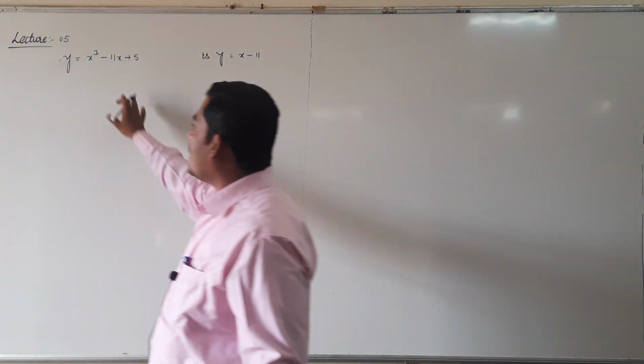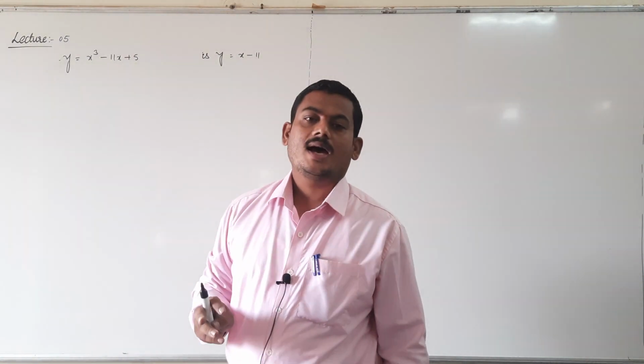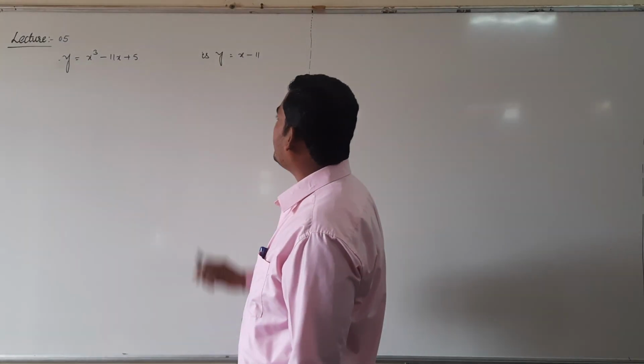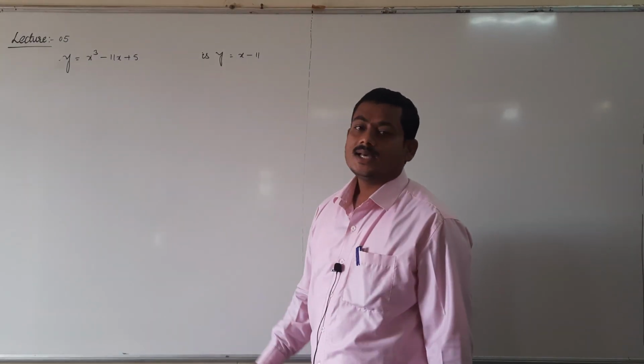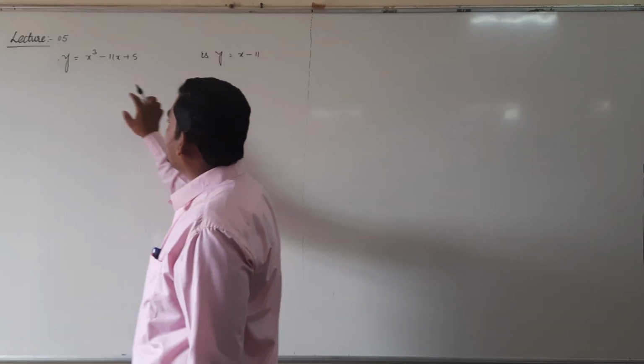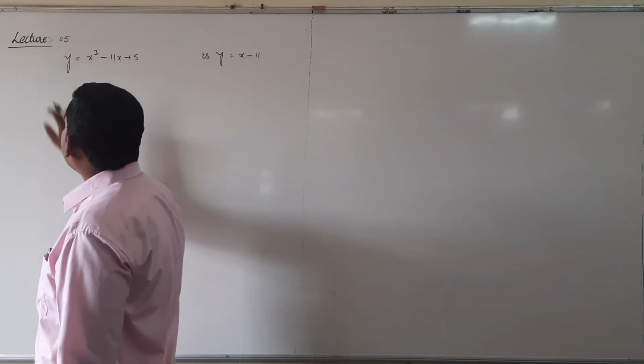Find the point on this curve at which the tangent is y equal to x minus 11. This is the equation of the tangent line and this is the equation of the curve.